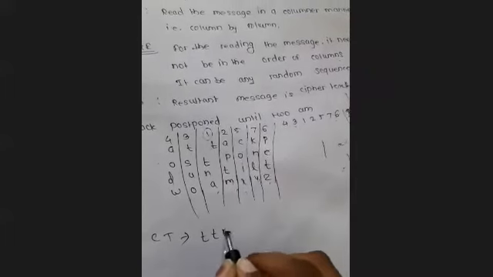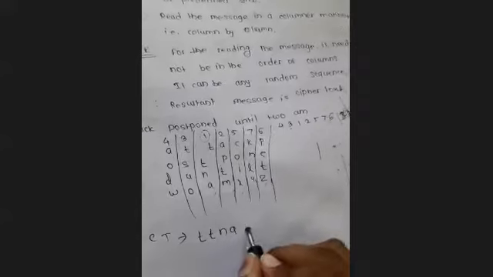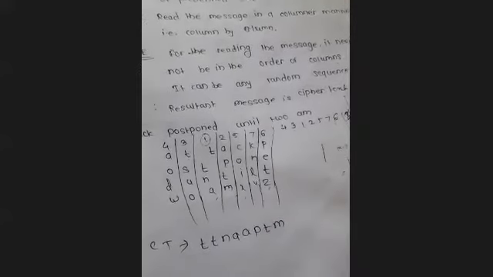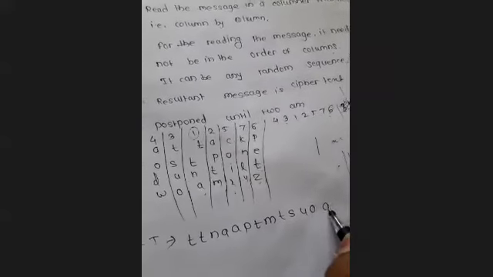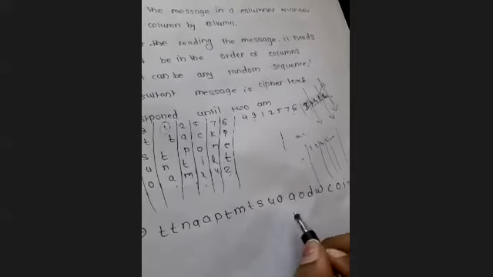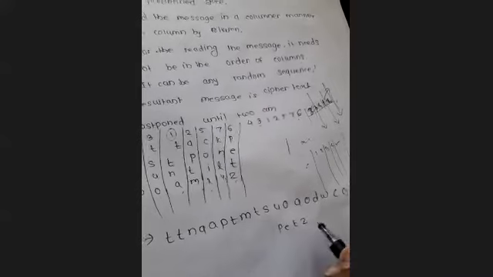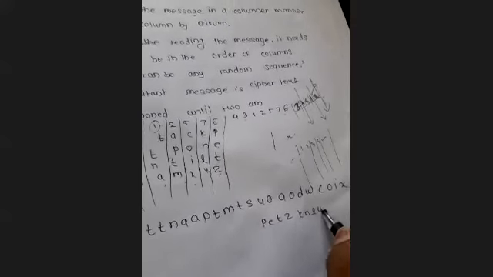So this column will be first: T, T, N, A. Then the second column: A, P, T, M. Third column: T, S, U, O. Fourth column: A, O, D, W. Then fifth: C, O, I, X. Then sixth column: P, E, T, Z. Then seventh: K, N, L, U. So this will be the ciphertext for the plain text attack postponed until 2 AM.